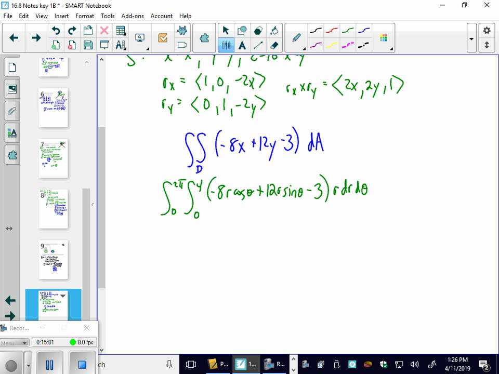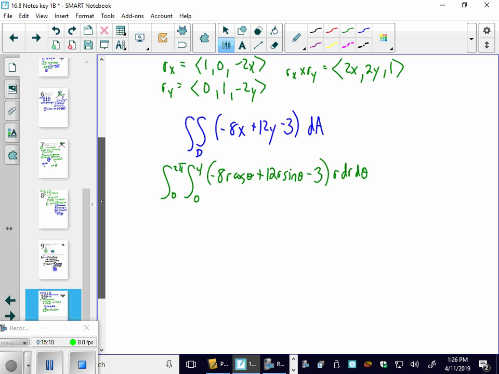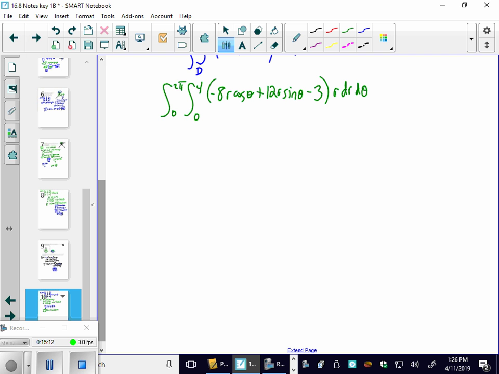Okay, well, the good thing is that there's no squareds or anything like that. I can't split it, though, because I can't take an r out of everything because of that 3 on the outside. So we just have to do the straight integral. The antiderivative with respect to r: negative 4r squared cosine theta plus 6r squared sine theta minus 3r from 0 to 4.